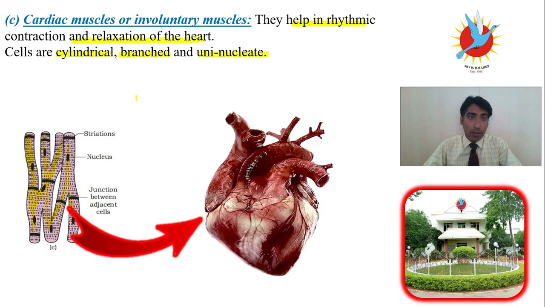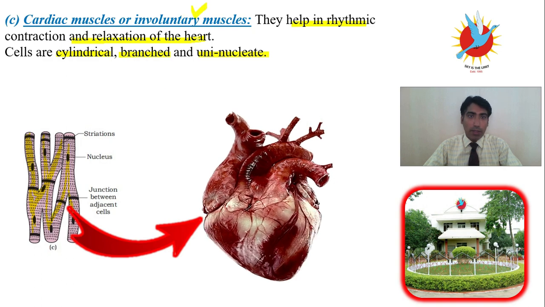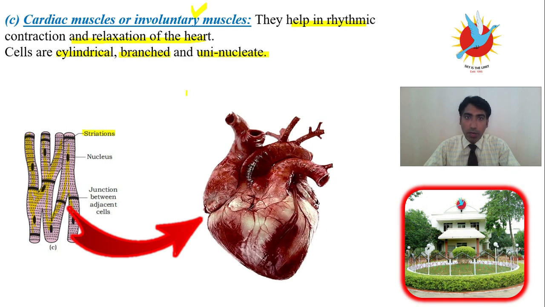One more important thing: even though they are involuntary, they are striated because striations are present. So this is a special type of striated muscle which is involuntary. Earlier we studied that striated muscles are voluntary because they are skeletal muscle, but cardiac muscle is an exception, because even though they are striated they are involuntary, and they are present only inside the heart.